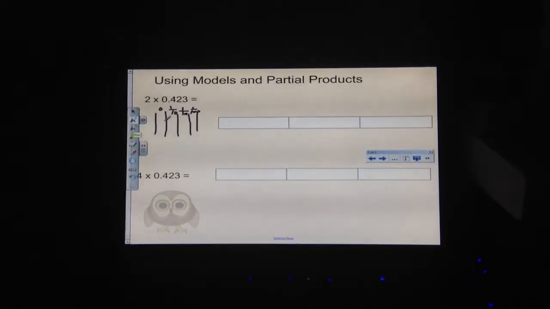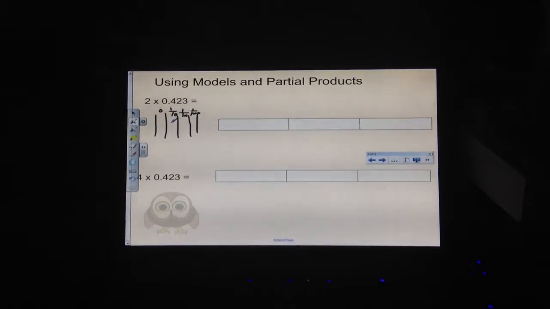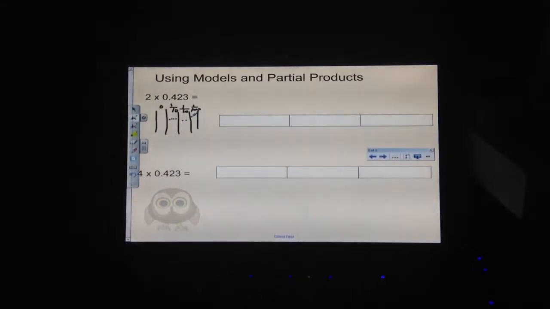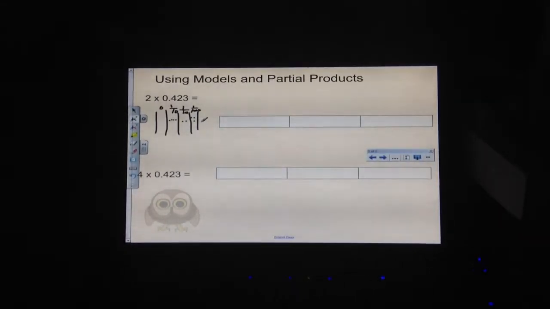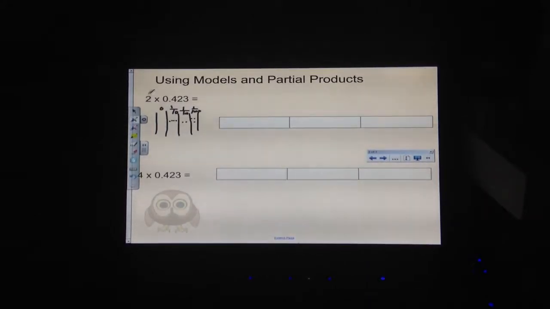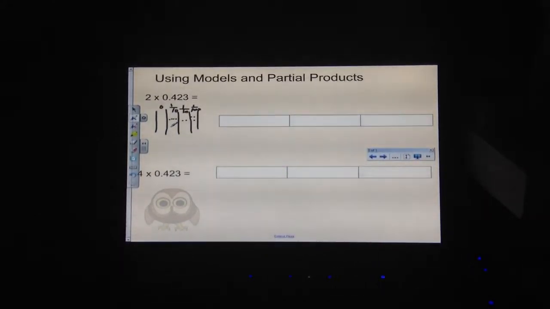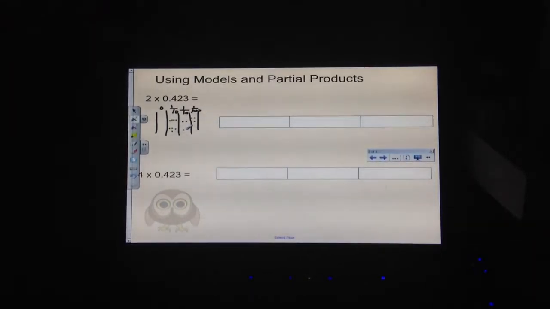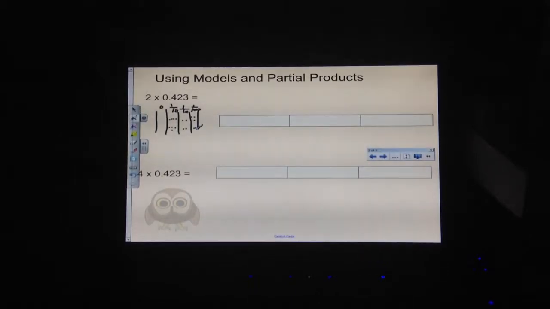If I add it in here, I have 4 tenths, I have 2 hundredths, I have 3 thousandths, and I want to have 2 copies of that. So I have another copy of that, again, 4 tenths, 2 hundredths, and 3 thousandths.